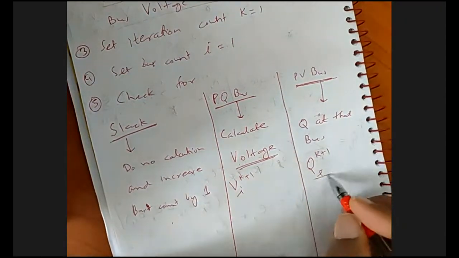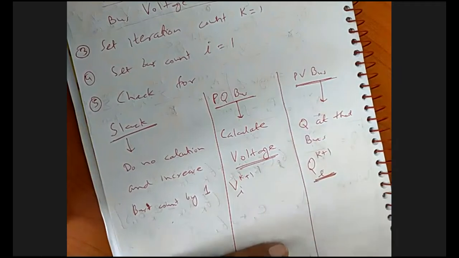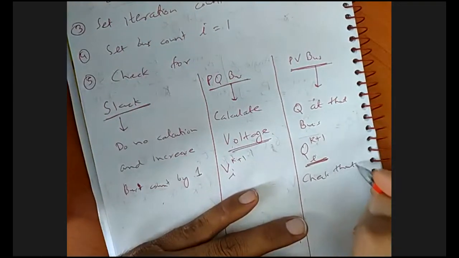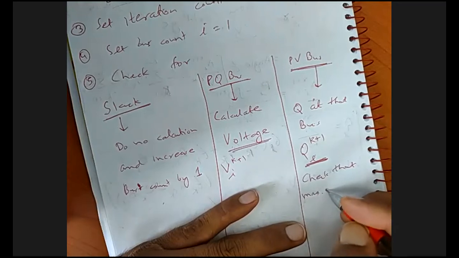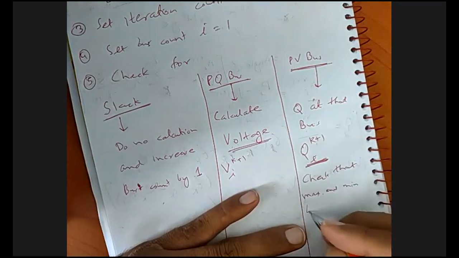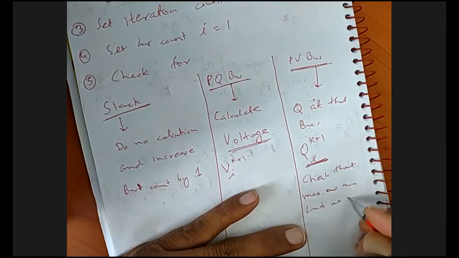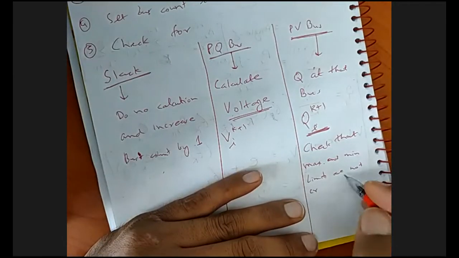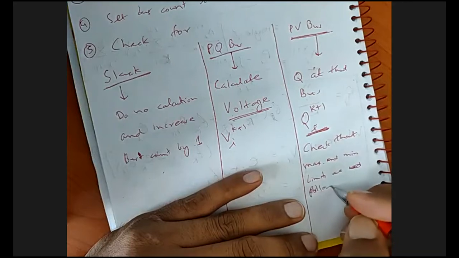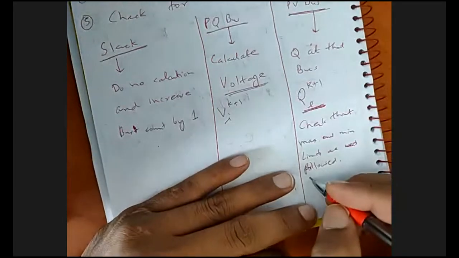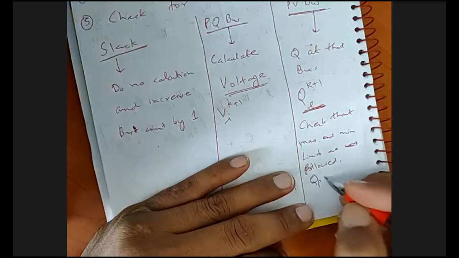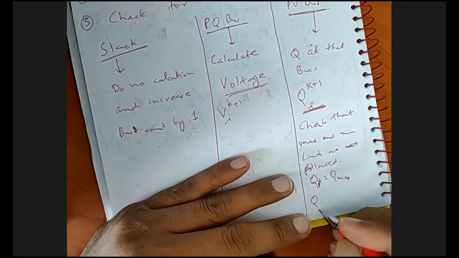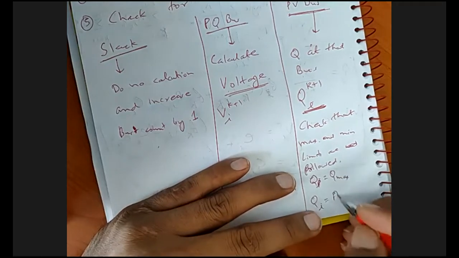But when we calculate Q_i^(k+1), we have to check that the maximum and minimum limits are followed. If not, then we have to set Q_i equal to Q max or Q_i equal to Q min.